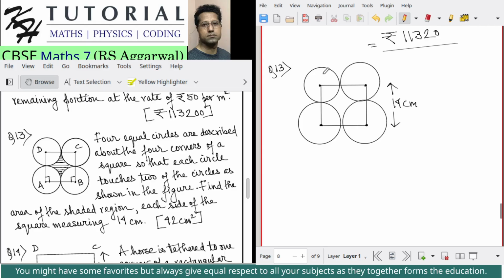Now the concept is that there are 4 circles at 4 corners. Let's name the circles, just for the sake of discussion.